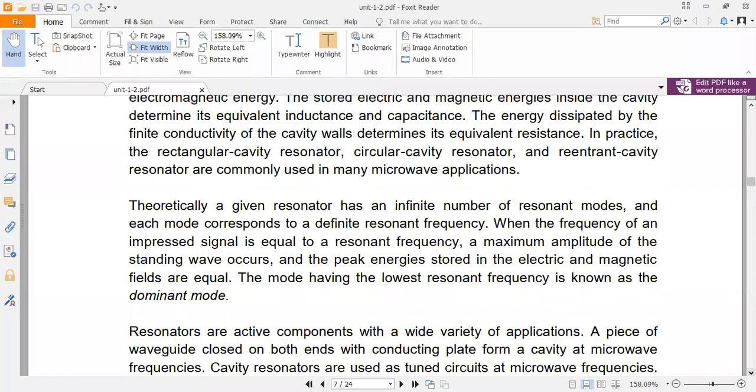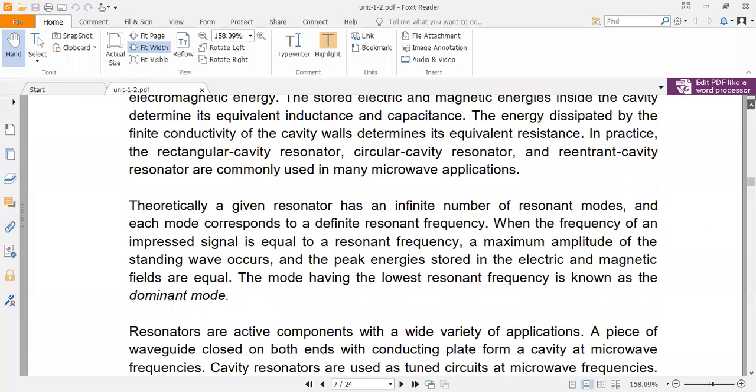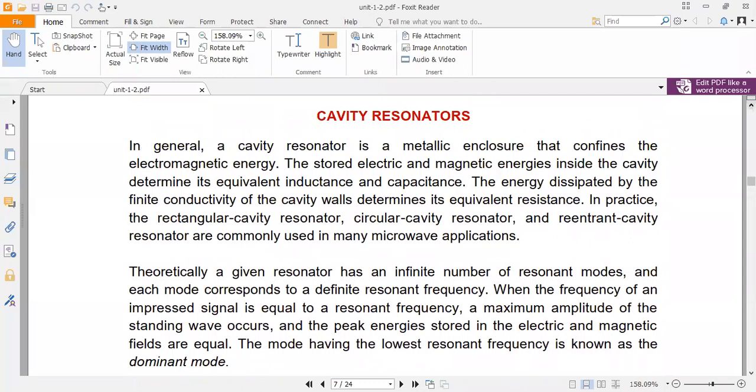Cavity resonators basically are used as a tuned circuit at microwave frequencies. So, theoretically speaking, any given resonator has an infinite number of modes operating. So, what is the advantage of cavity resonator?